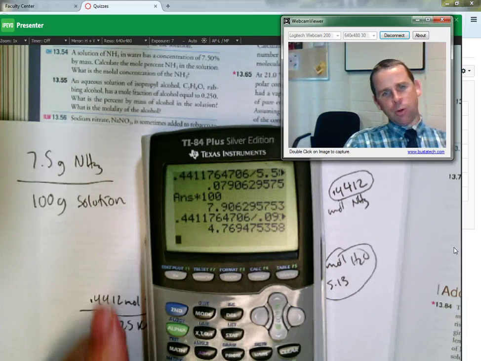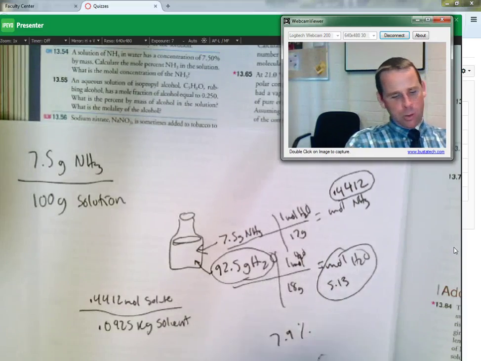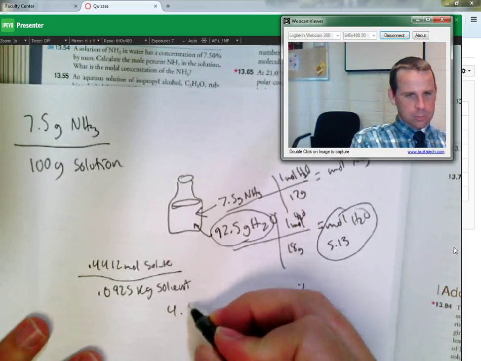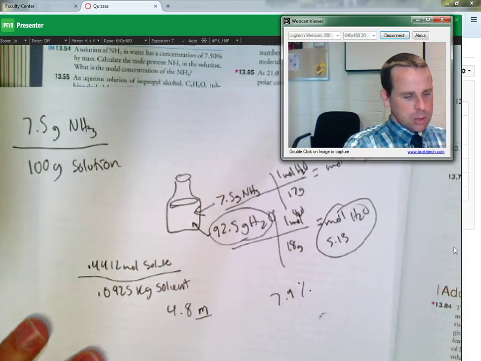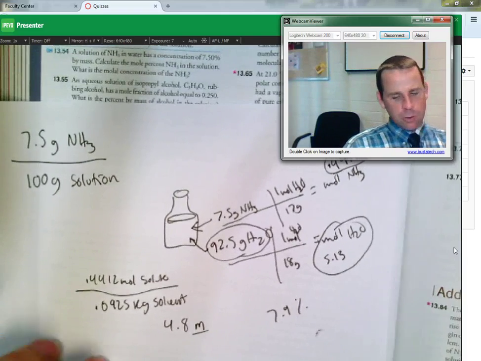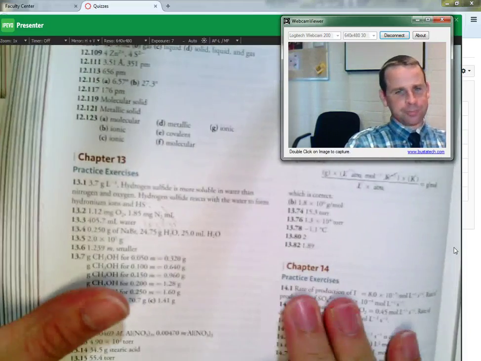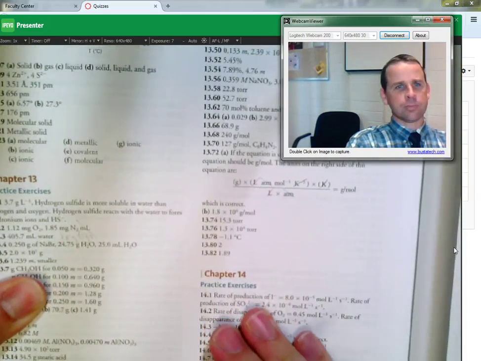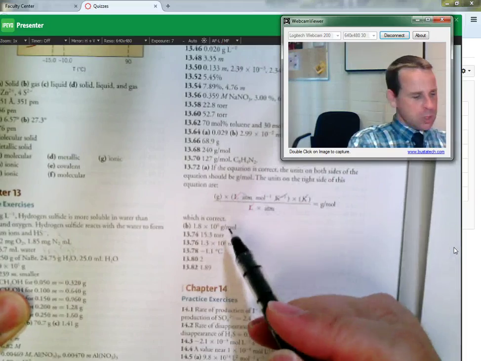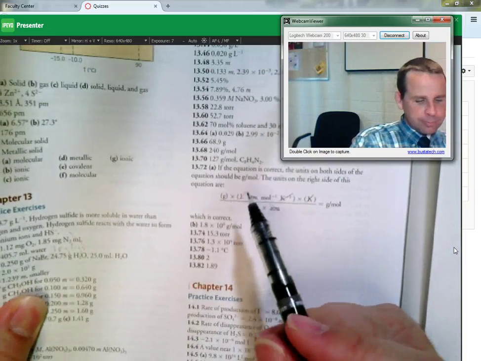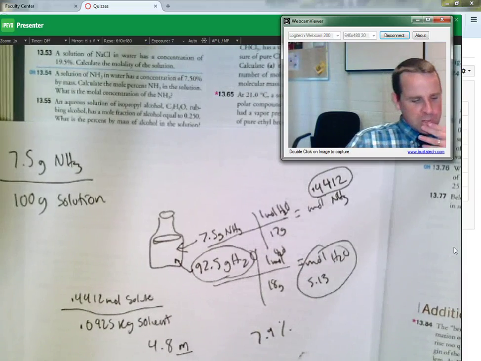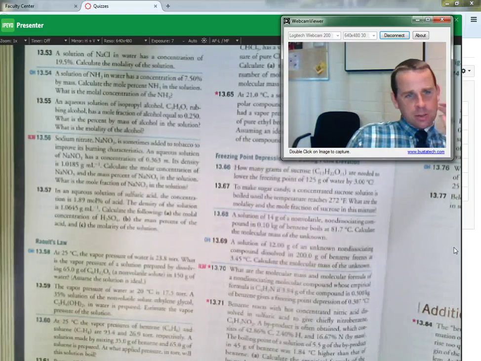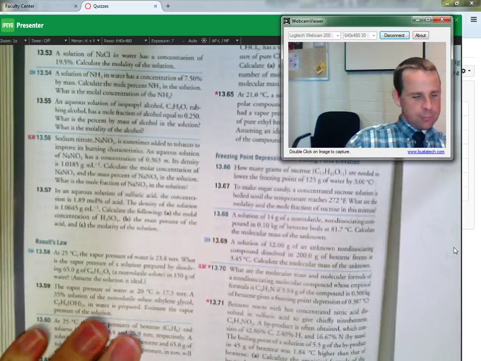All right, so we got 4.8 molar. All right, let's see if we got it right. 1354. 4.76 molar. Close enough. All right. So 1356.